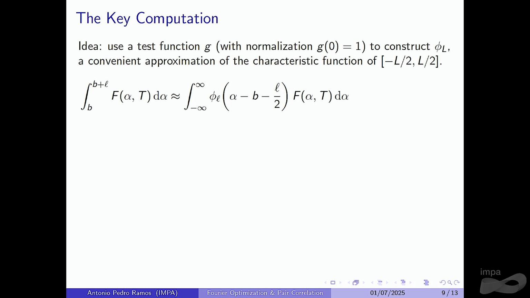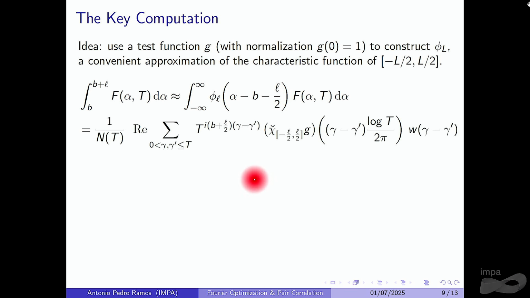We apply Fourier inversion on this last integral, and you get this large expression. But it looks scarier than it is because essentially here you have a unimodular factor, bounded above by 1. Here you have the Fourier transform of the characteristic function of an interval, which we know is a sinc function. And here you have our test function g.